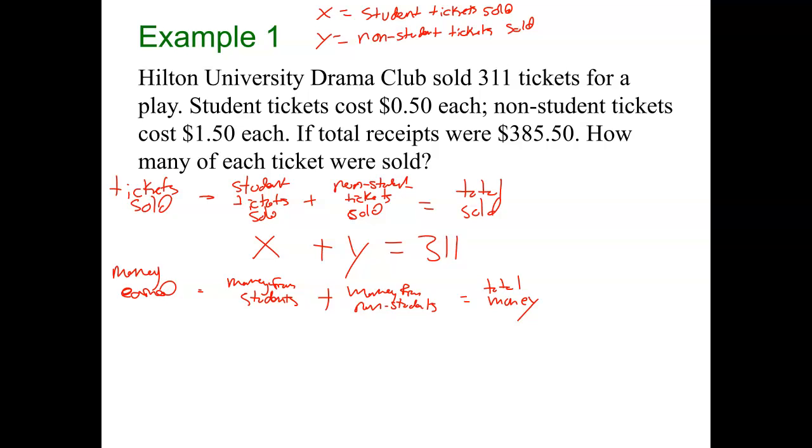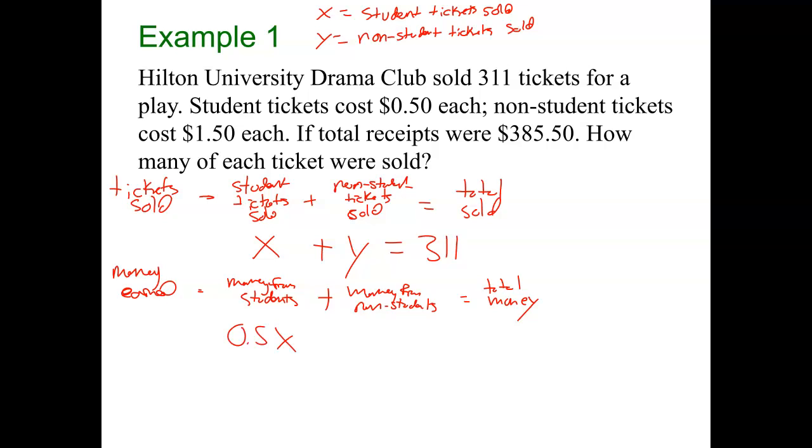Okay, 50 cents is what we're charging each student. Well, I don't know how much I have from non-students. By what? What represents the amount of tickets? X. 50 cents times the number of student tickets sold gives me the money from all the students.